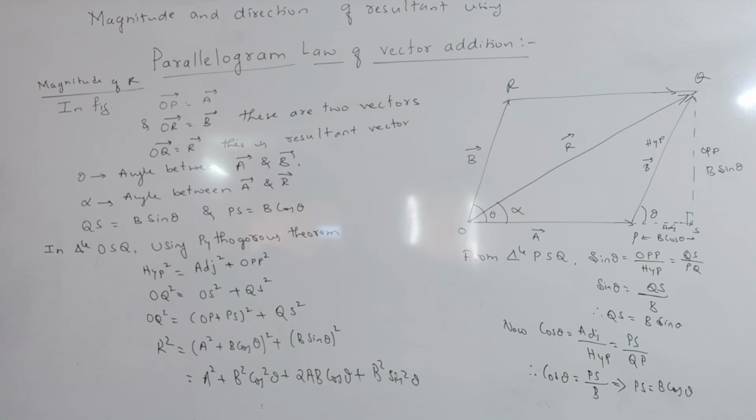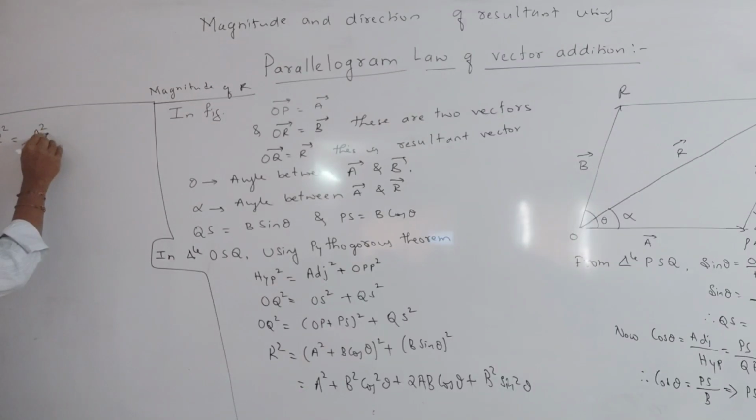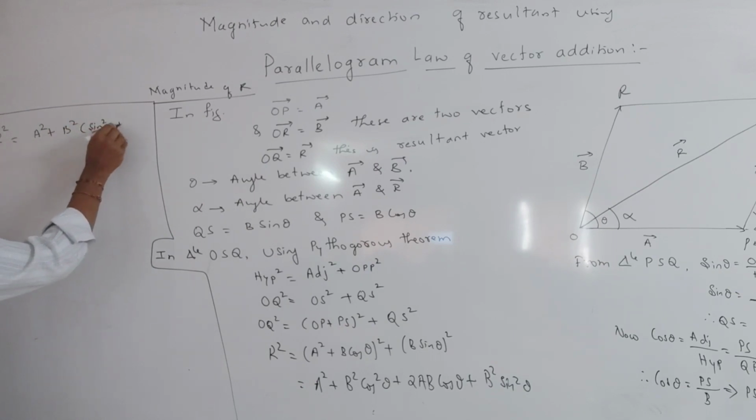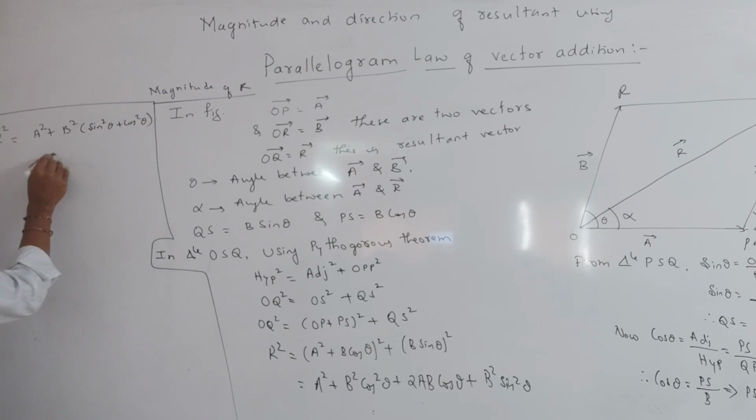Any doubt, ask. If no doubt, I will write down here. Now see, therefore R square equal to A square plus B square bracket sin square theta plus cos square theta plus 2AB cos theta. Sin square theta plus cos square theta is 1 according to the trigonometric function.